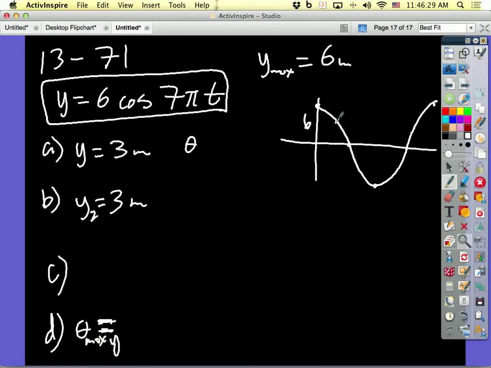It's 3, we're halfway down to 0. So about how far through the whole phase are we? Right, we're about 1/8 of the total period, right?